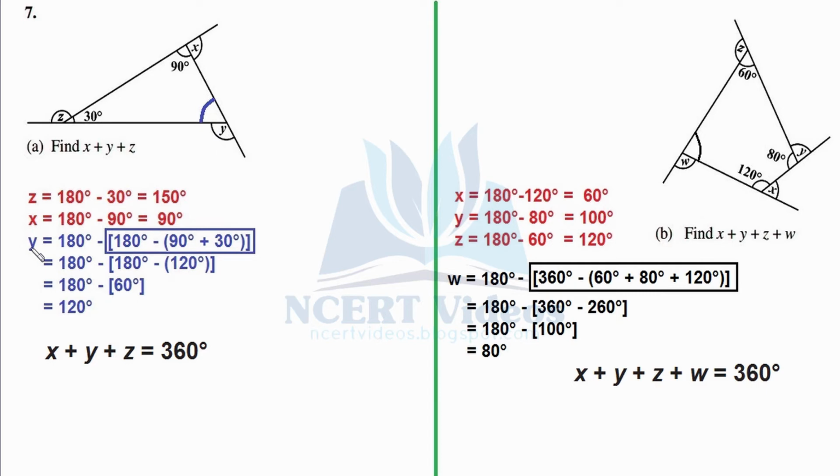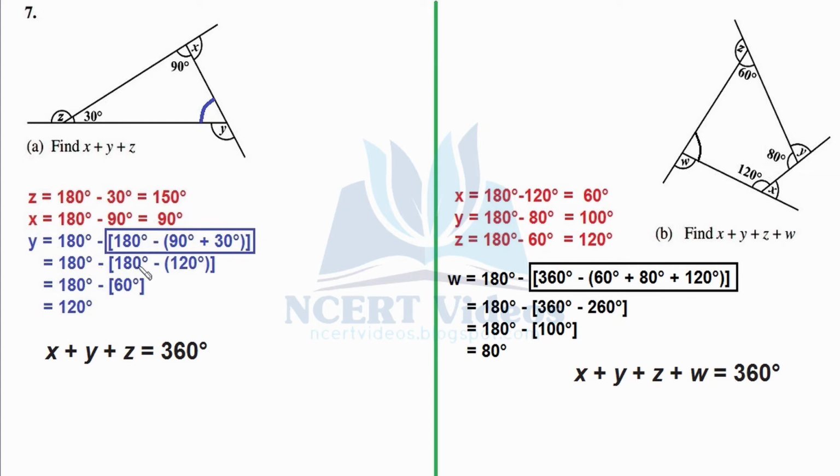So we wrote the measure of angle y equals 180 degrees because we are straight away targeting this part, that is, angle on a straight line, minus again 180 because we are targeting this time the angle sum property of a triangle. That is, 180 minus the addition of both these angles, 90 plus 30 degrees. So first of all, we will solve this box. So we wrote 180 degrees minus as it is.